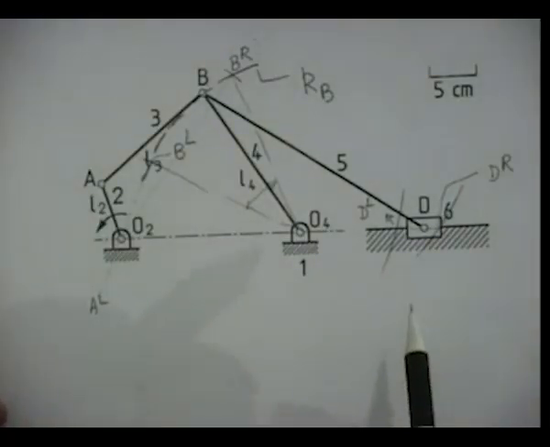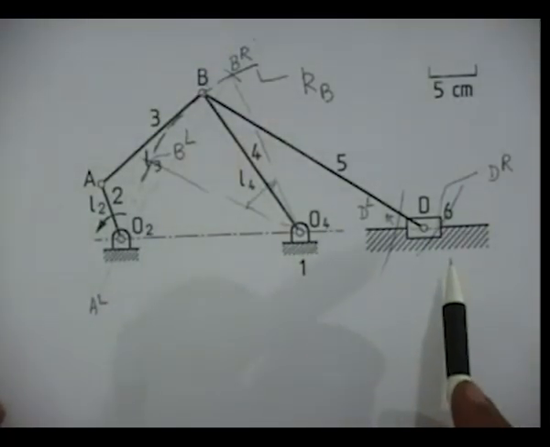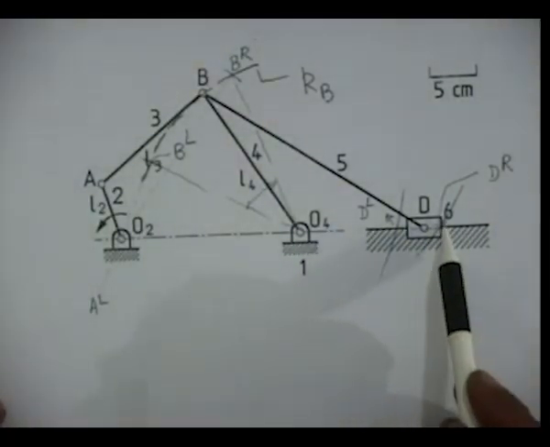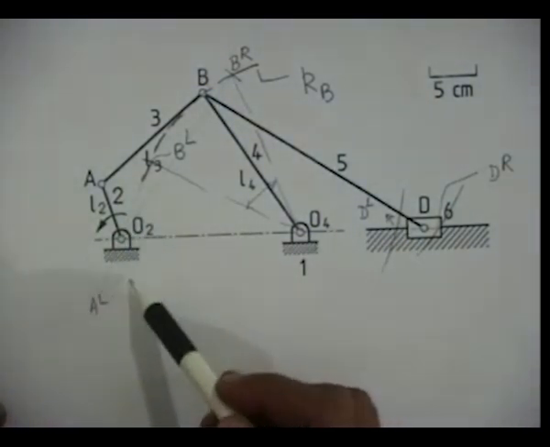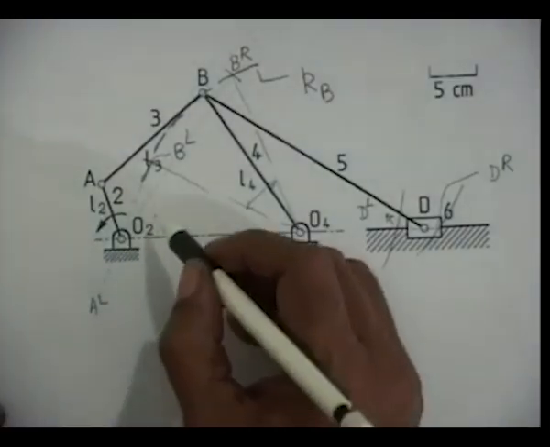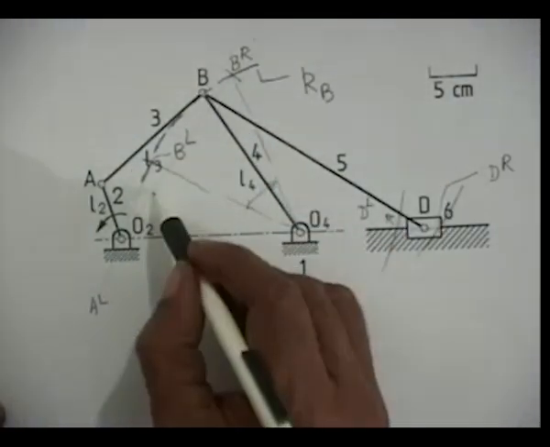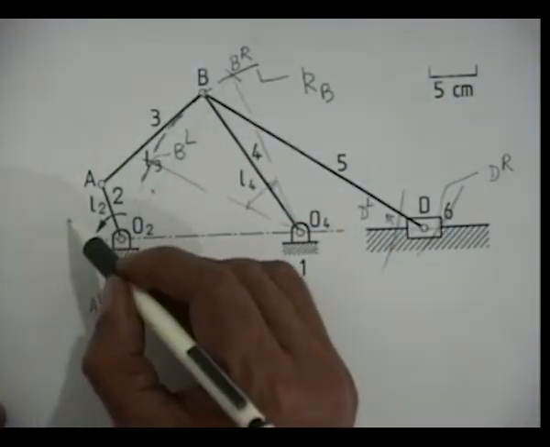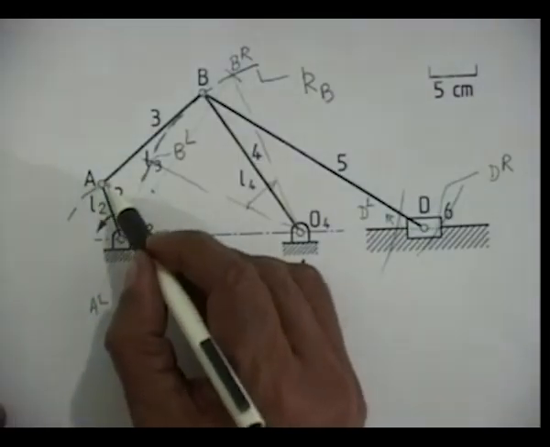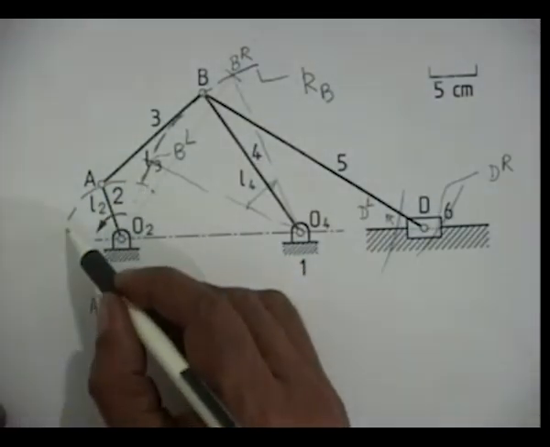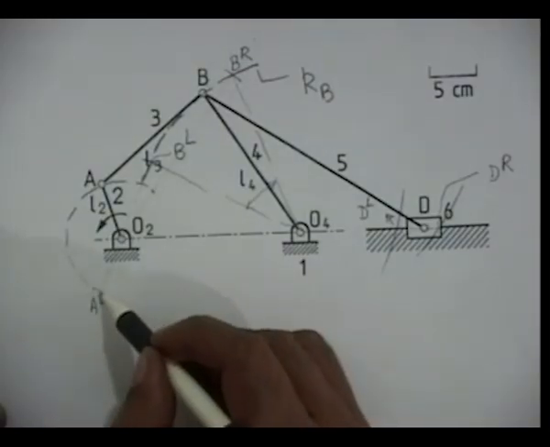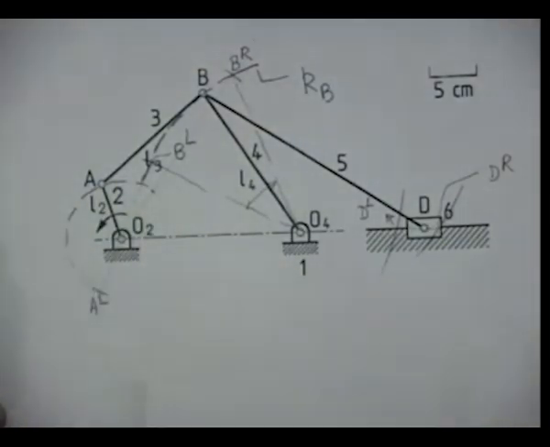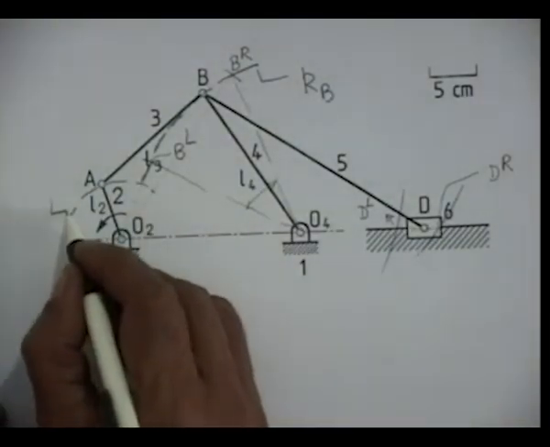Now to determine the quick return ratio, that is the time taken from left to right and right to left, I can find out, assuming of course that link 2 rotates at uniform speed. For BR, the corresponding point of A, this is the circle on which A moves, with O2 as center and O2A as radius, which we call KA.